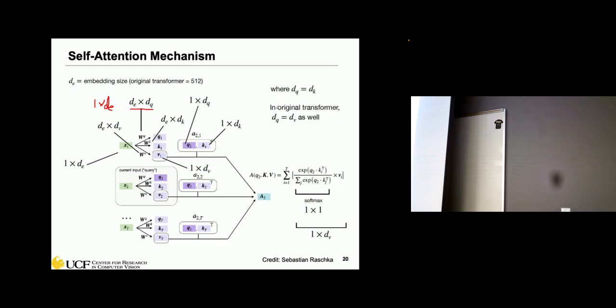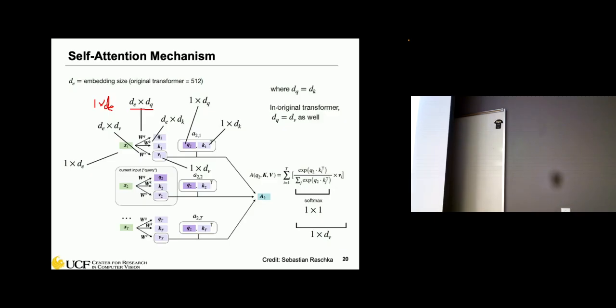They have the same dimension, so you can add them together. A21 is dimension 1, just a scalar, and V is dv dimension, so 1 times dv.